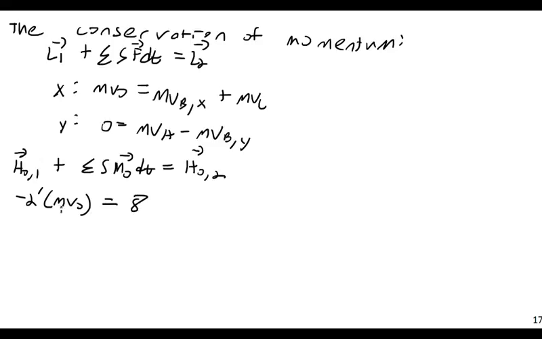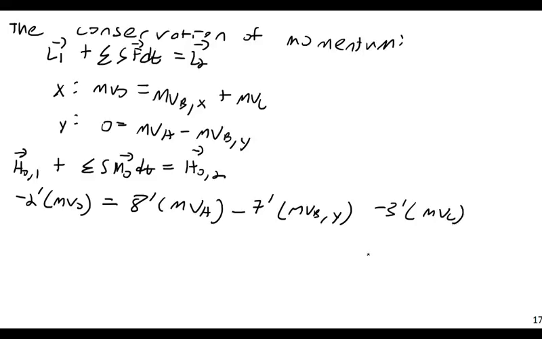So this is the initial angular momentum we have, equals 8 feet times mva, the momentum, minus 7 feet times mvby, and then minus 3 feet times mvc. Then a final equation.